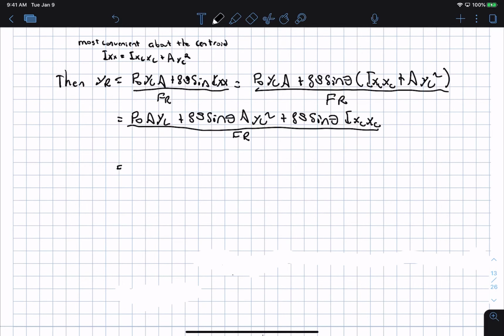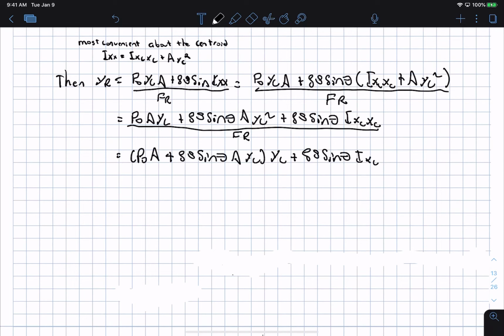So this will equal P naught times the area plus rho g sine theta A yc, times yc, plus rho g sine theta IXC, divided by the resultant force.